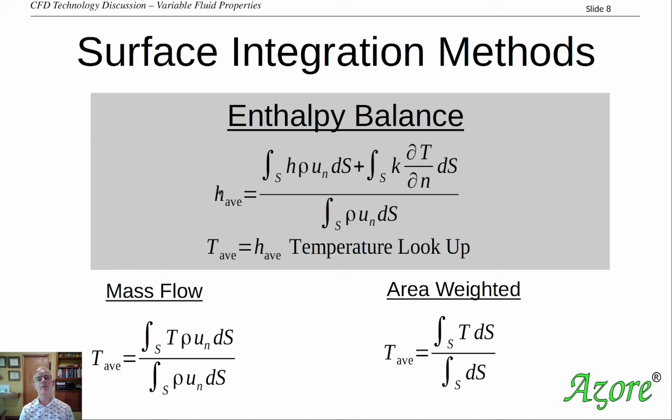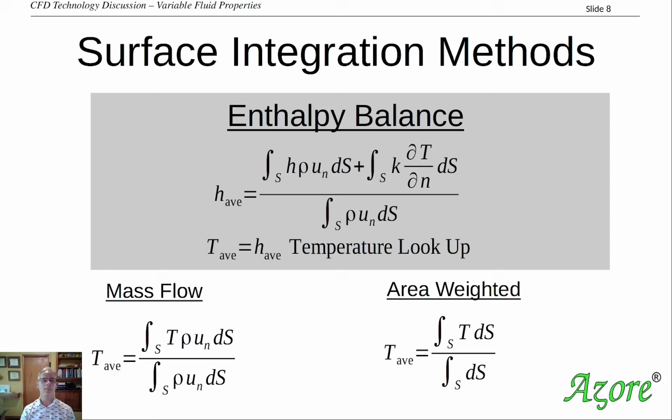Just like we did with our handbook calculations, we can calculate the representative temperature of that mixture enthalpy and use that to find an average temperature. This temperature is representative of an energy balance, one that we would expect to get from a handbook calculation.